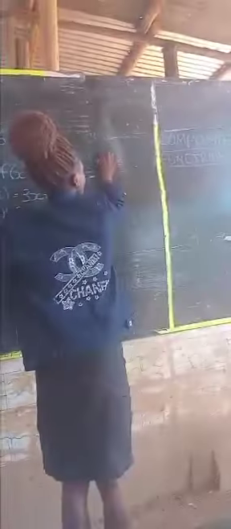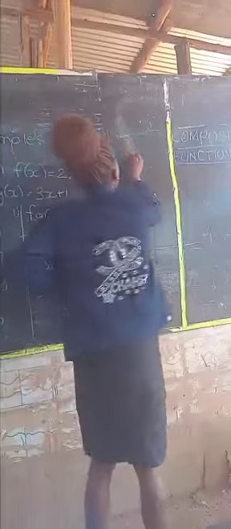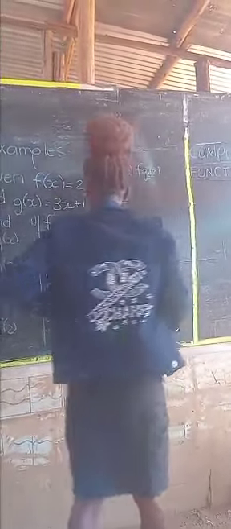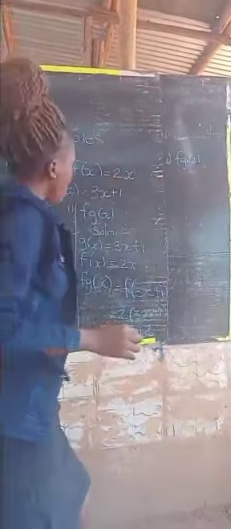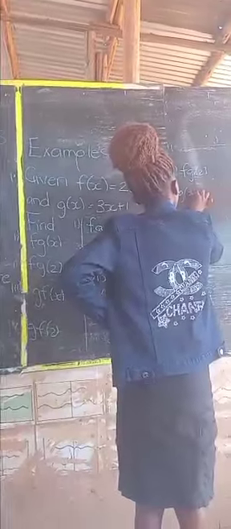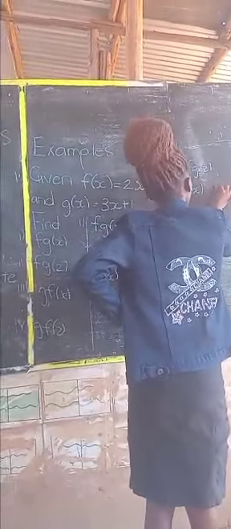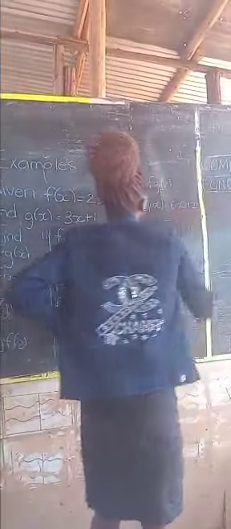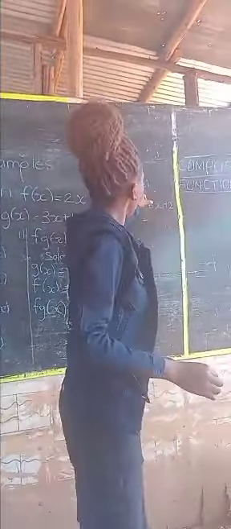Our Roman 2, they told us to find f(g(2)). The answer we have got from f(g(x)) is 6x plus 2, but the value of x is 2.